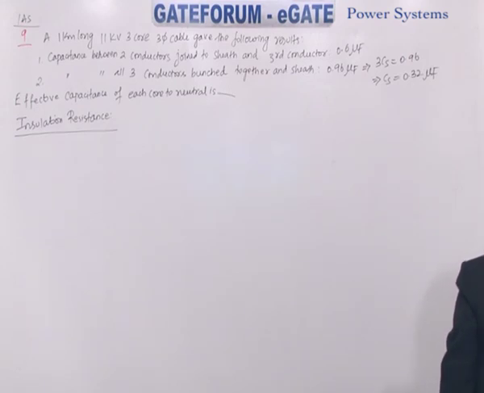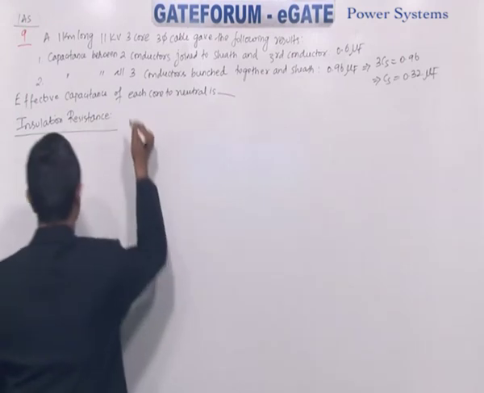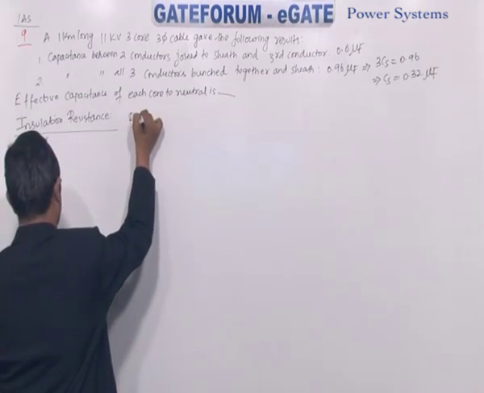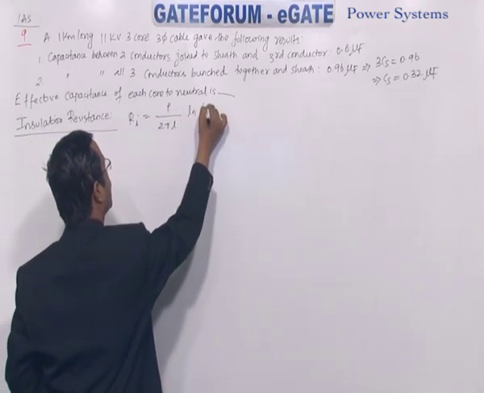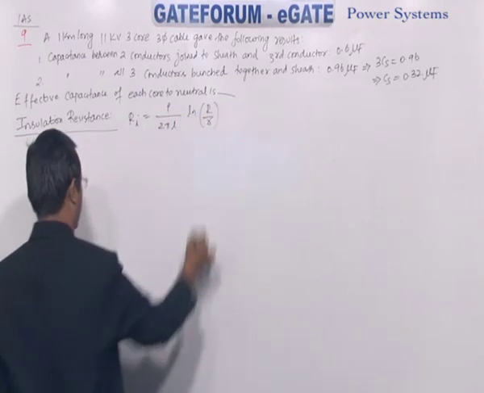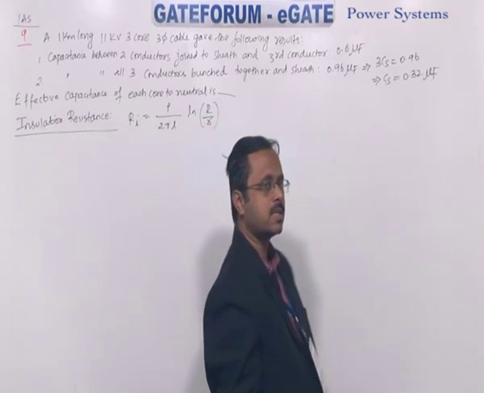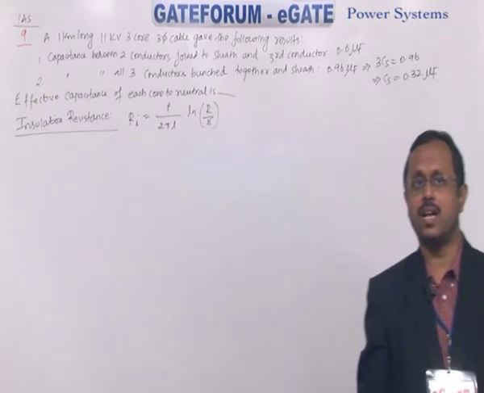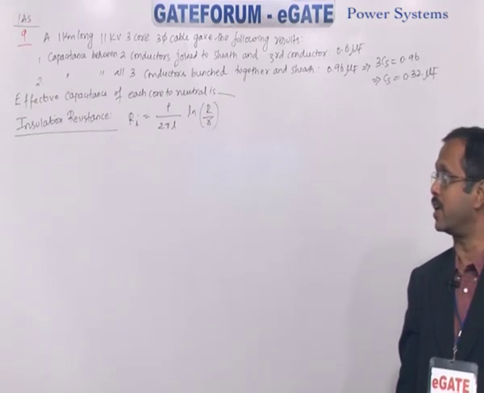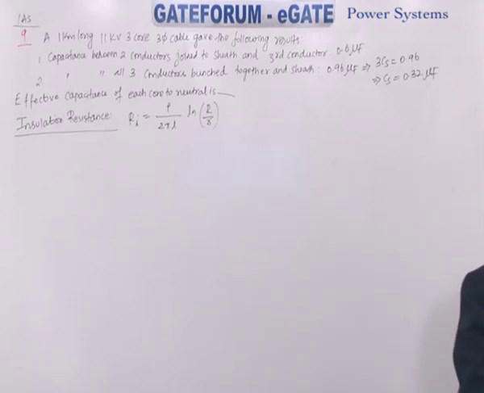On simplifying and verifying, the insulation resistance Ri is given by the formula rho by 2 pi L, natural logarithm of capital R by small r. So insulation resistance means the resistance offered to the flow of leakage current through the dielectric.